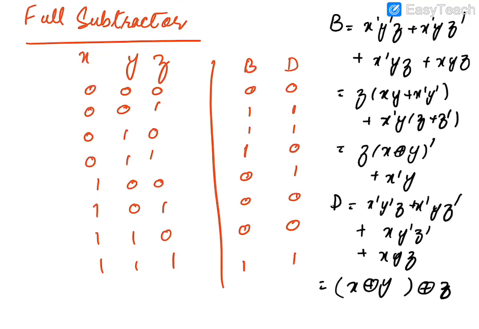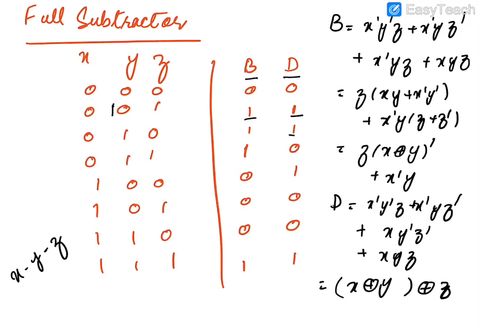Next we have the full subtractor. In full subtractor, basically you have to perform x minus y minus z. In this case again you will need two bits, one for borrow and one for difference. So 0 minus 0 minus 0, difference is 0, borrow is 0. 0 minus 1, difference is 1, and again you have to borrow 1. So 10 minus 1 will be equal to 1. So difference will be 1 and borrow is 1. 1 minus 0, difference is 1.